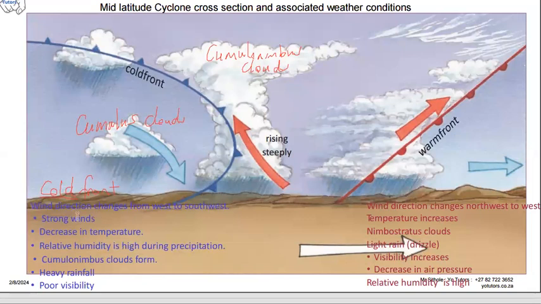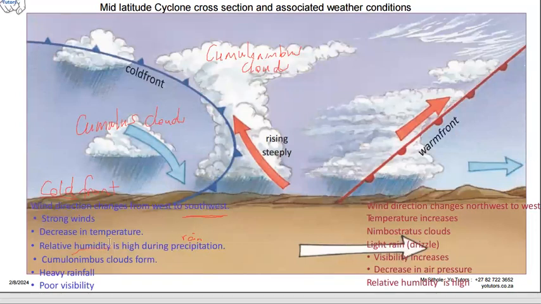We see that the wind changes direction from west to southwest. Then we also have strong winds and a decrease in temperature. Humidity is high during precipitation, because remember, humidity refers to the amount of moisture in the air, and we are saying it's high during rainfall.